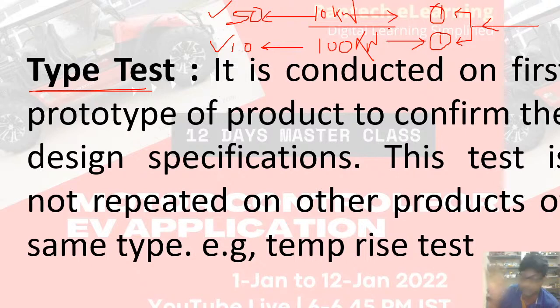They are just kept as spares or for experimental purposes, but that depends. So type test will be conducted on the prototype of the product, meaning each type, to confirm the design specification, like your temperature rise test, full load test, and all these things. Those are the type tests.